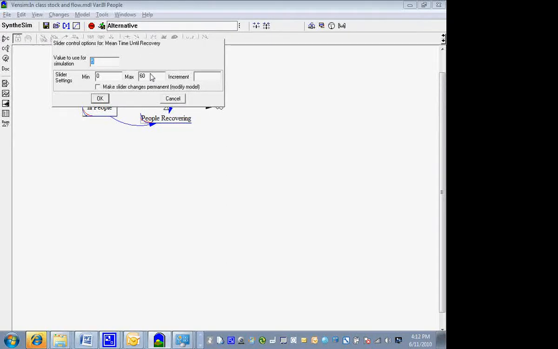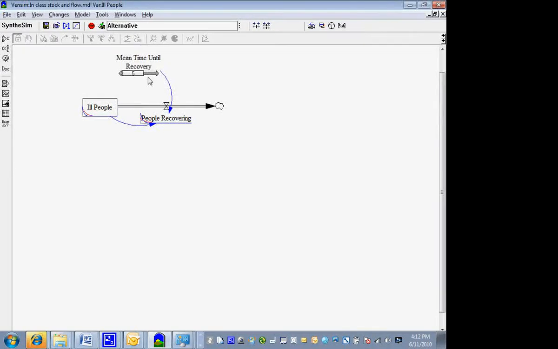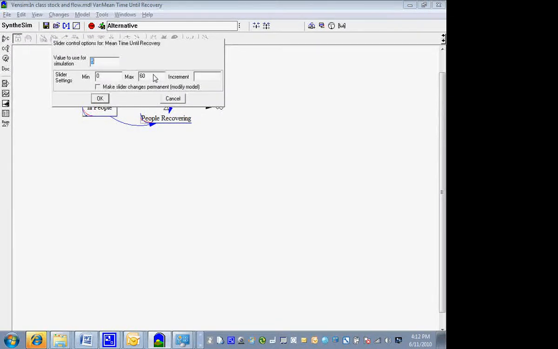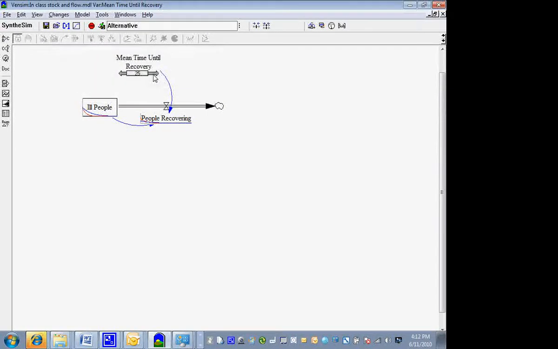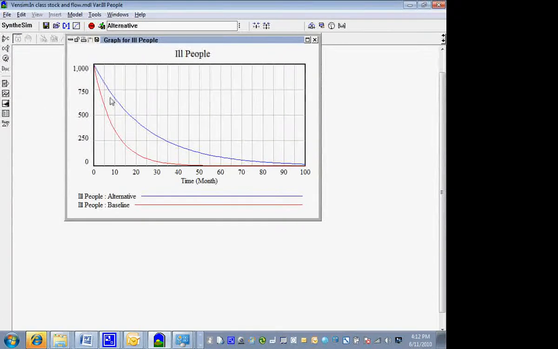You just type it in right here. See that? And that will then run it automatically. Or I could say, for example, 25, and that will run it out. You notice each time I press enter, it's actually rerunning the model. And I can go check the result here in ill people. See that?